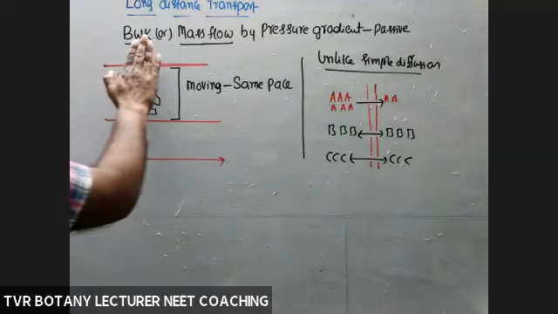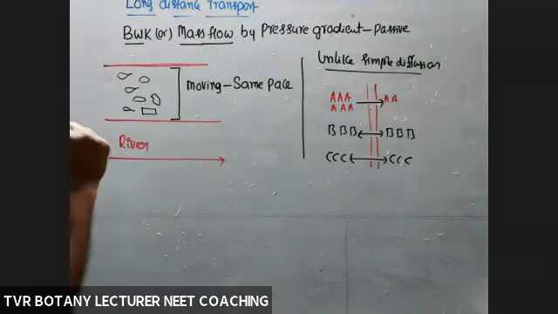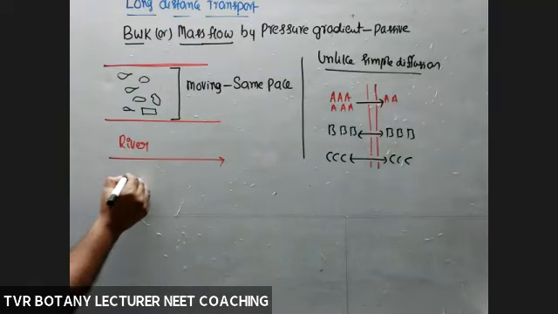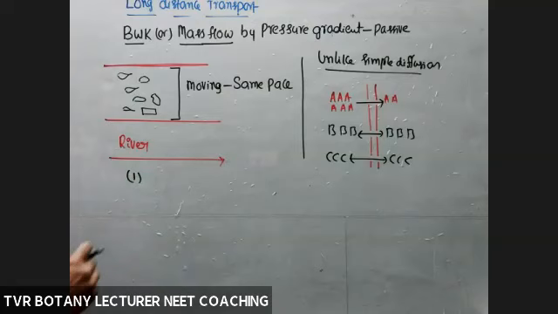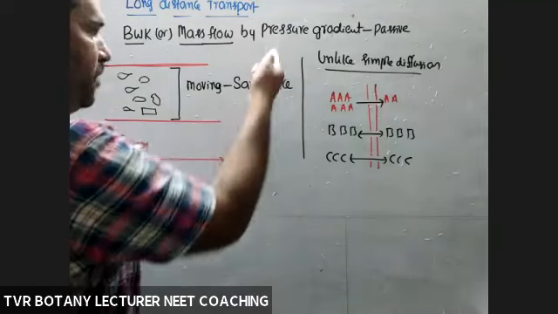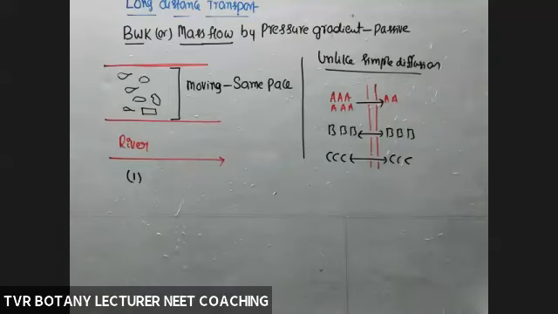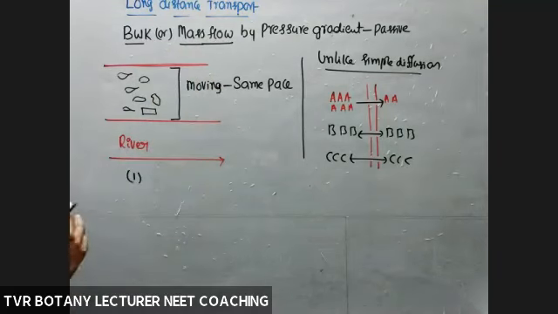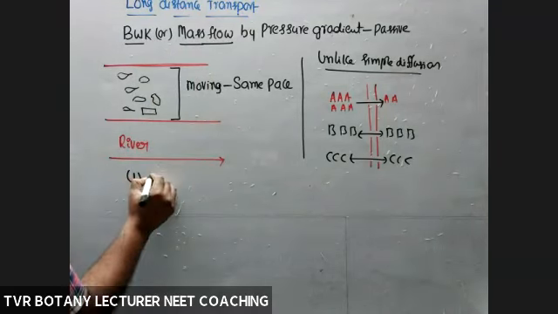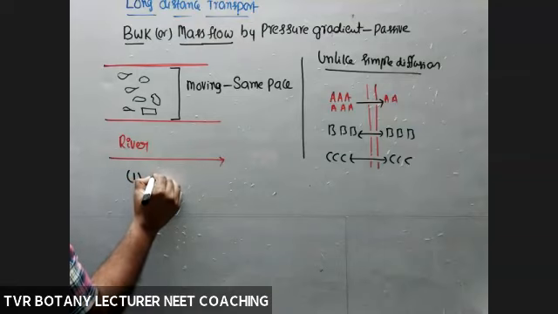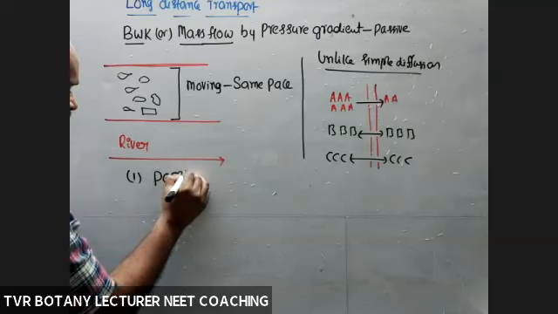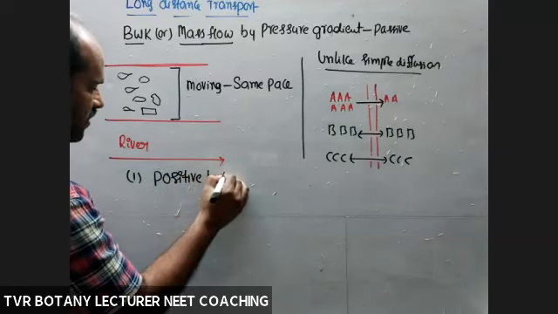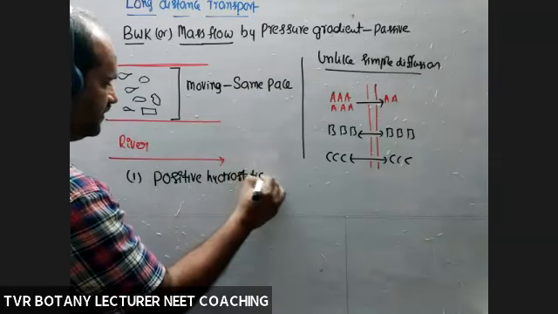Okay, if it is a bulk flow by pressure gradient, what type of pressure is involved? Here, two questions. One is that mass flow or bulk flow by means of pressure. What type of pressure? Is it a positive hydrostatic pressure or negative hydrostatic pressure? So en masse movement is either, first one, positive hydrostatic pressure.